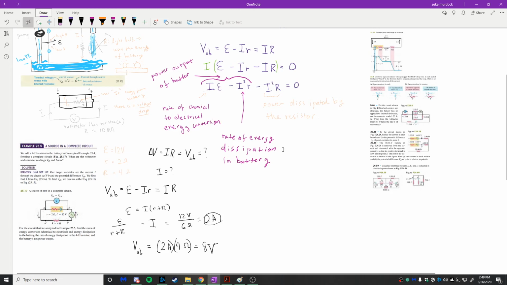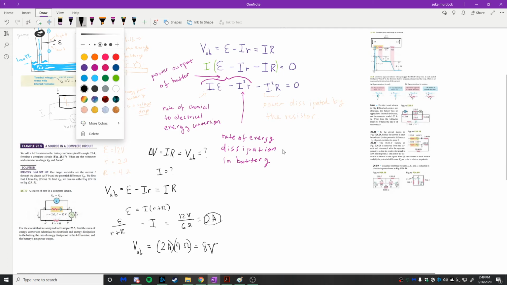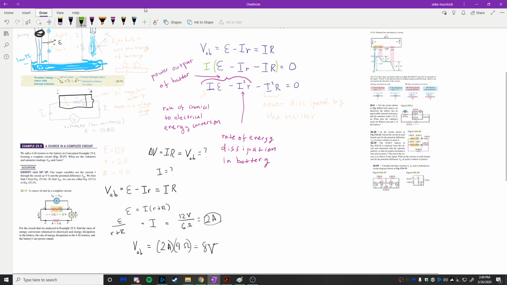Does this word dissipation make sense? Do I need to define that for you guys? Yeah, basically, that's what it means. Dissipation basically means, do I have to write it down?